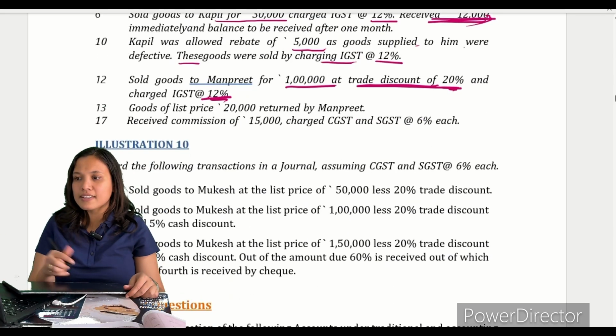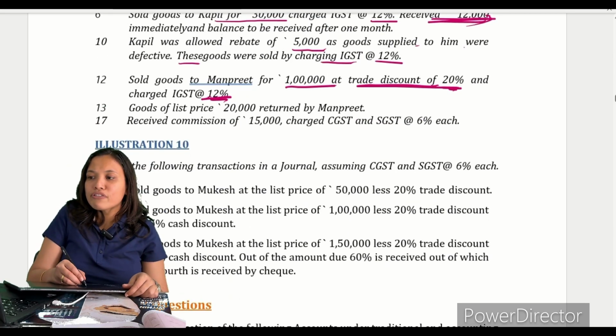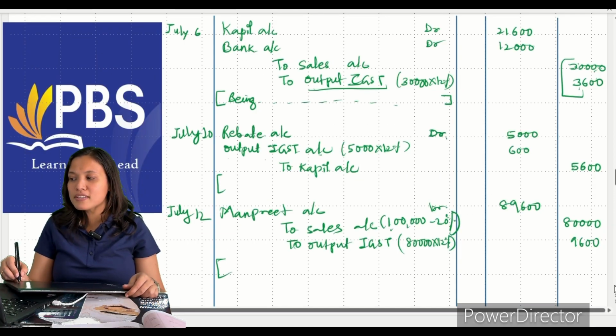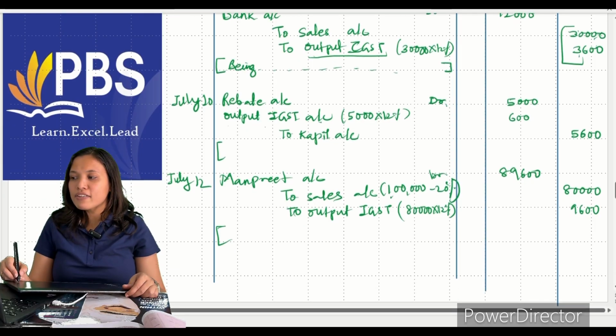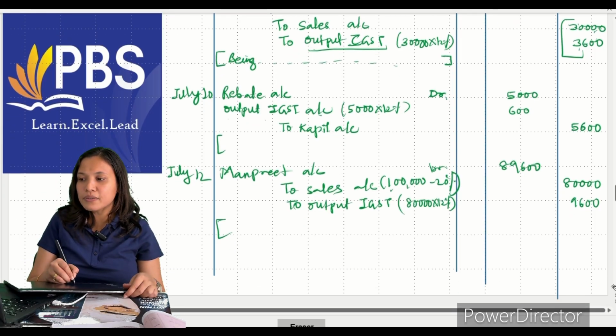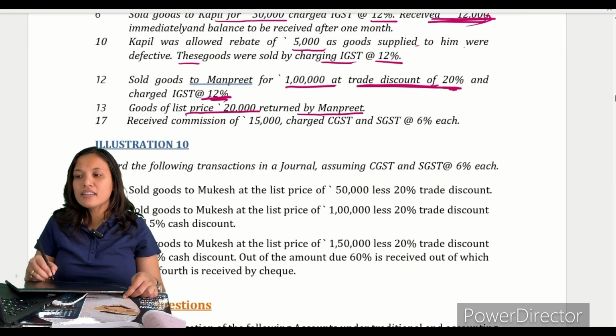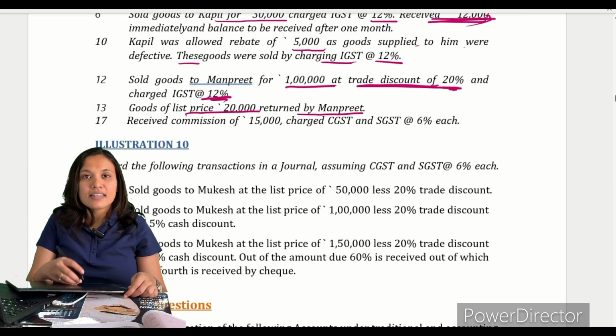Now, next. Goods of list price 20,000 returned by Manpreet. An important and interesting word has come here, which I have already explained to you. July 13. What has happened? See, on July 13, list price.